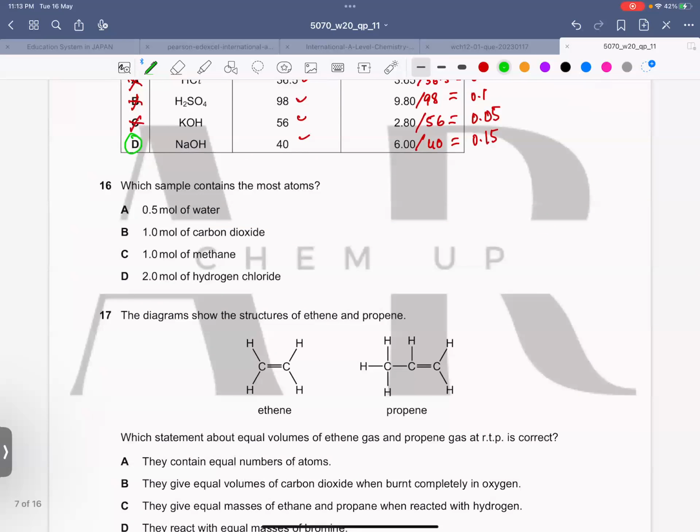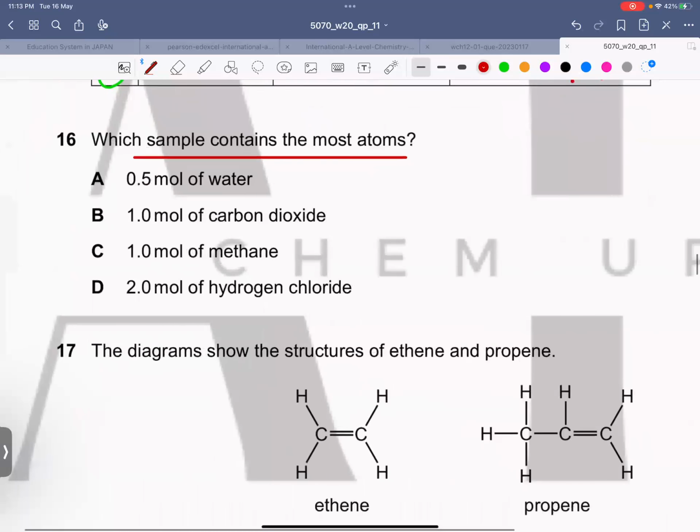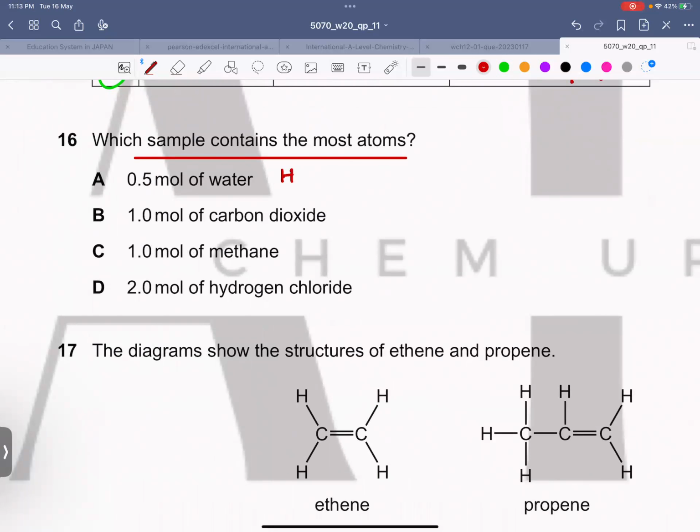Now, question number 16. Which sample contains the most atoms? Okay, so for the most atoms, first we have to look at their formulas to figure out how many atoms each substance has. It's H2O, so it has 3 atoms. Here we have carbon dioxide, it also has 3 atoms.